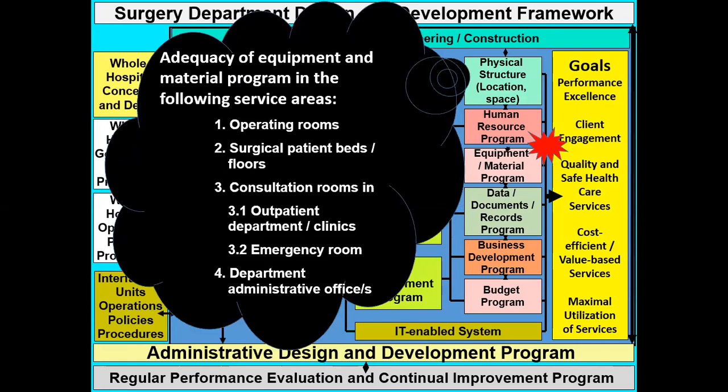There must be a document showing adequacy of the equipment and materials in the following service areas. There are so many areas in the Department of Surgery or related to it: the operating rooms, surgical patient beds and floors, consultation rooms in the outpatient department, clinics, and emergency rooms, as well as the department administrative offices.